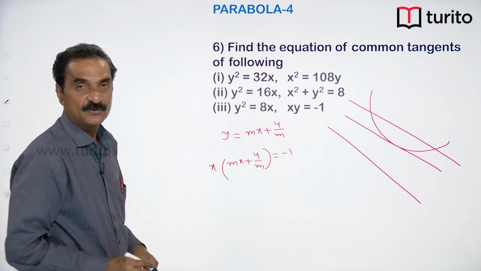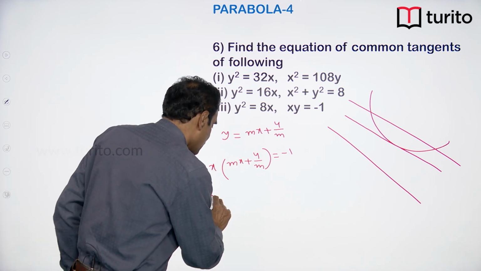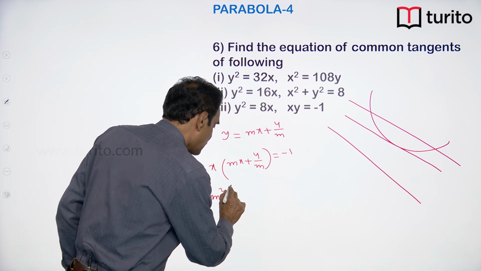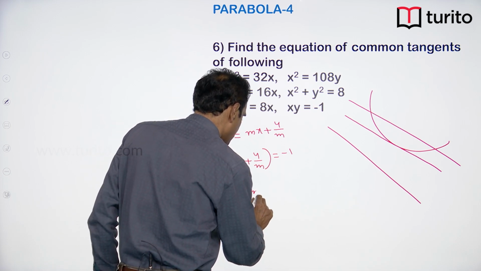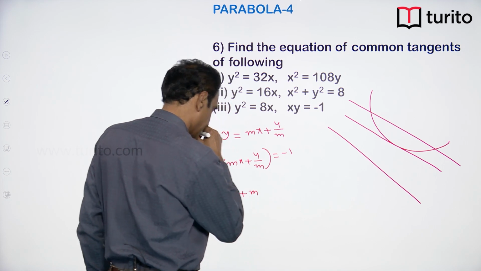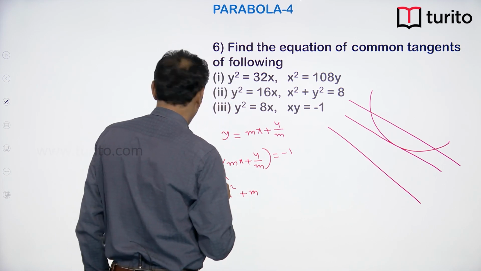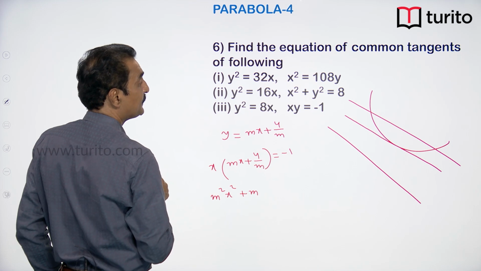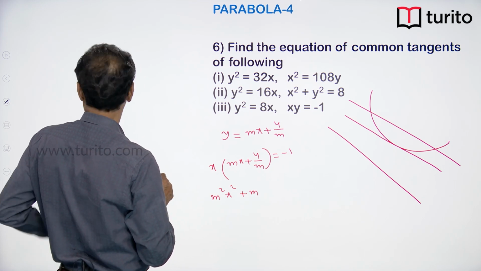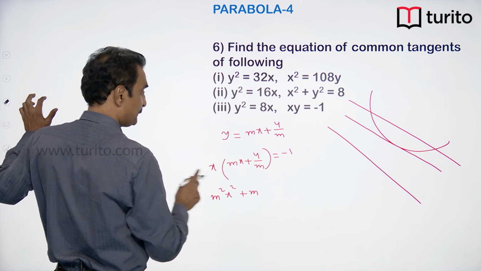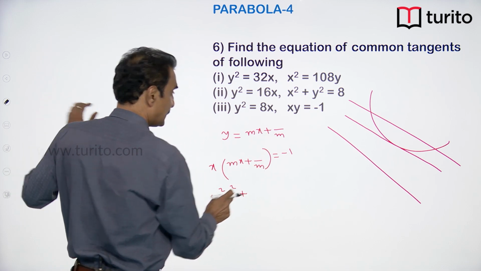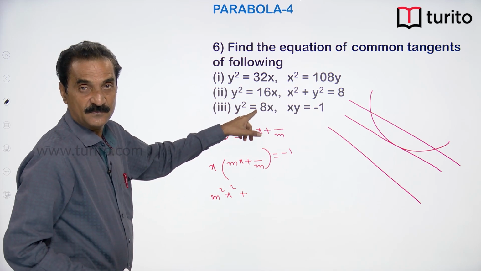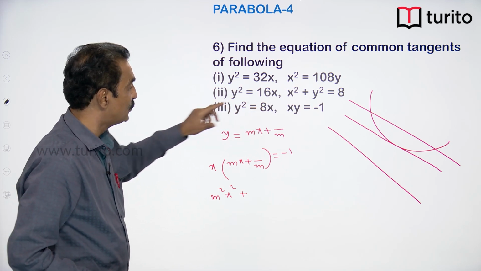Then it simplifies to a quadratic equation, m square x square, sorry, here, if this is y square is equal to 4ax, a is 2.